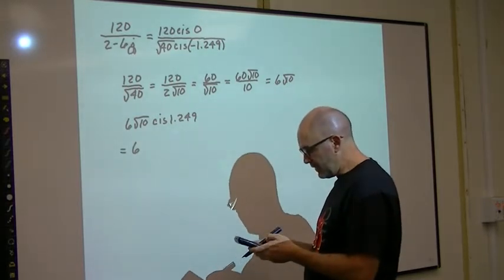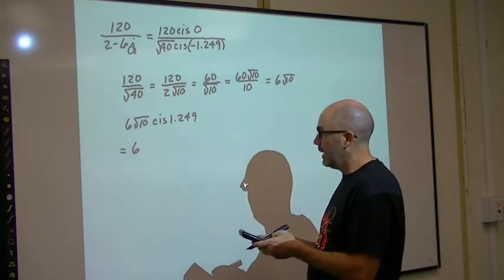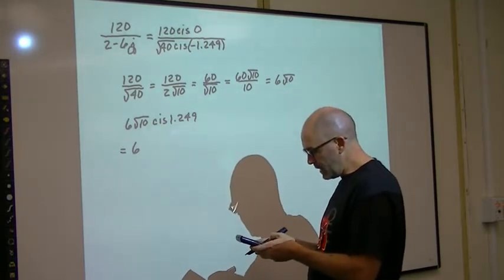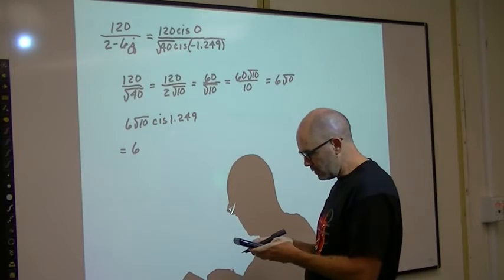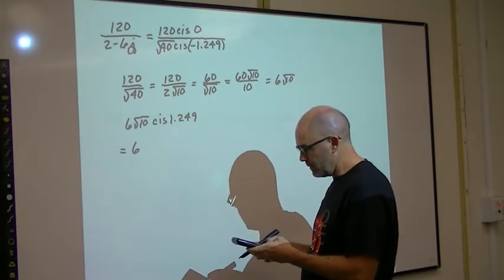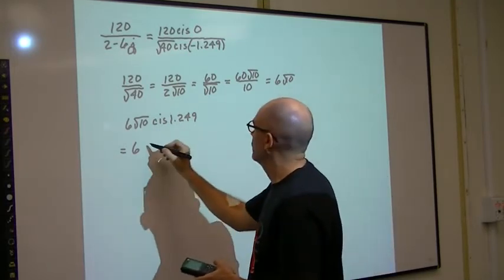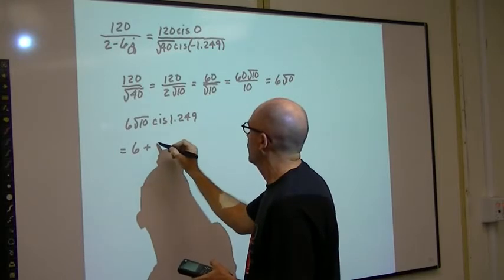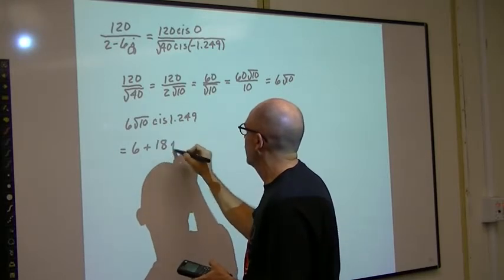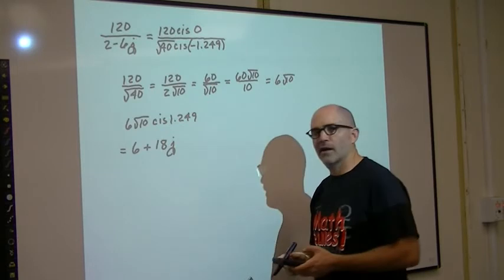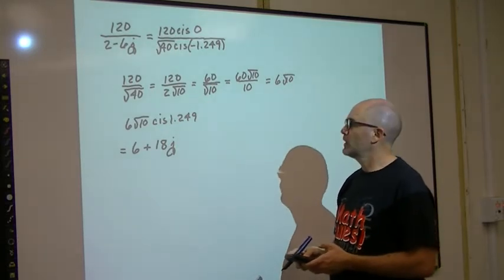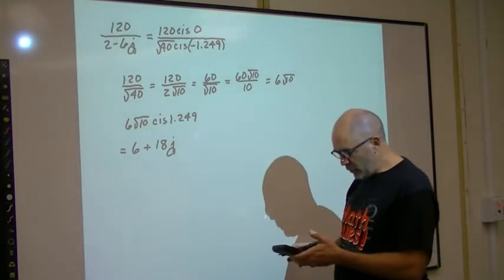Then I take the sine of the angle and multiply that by 6 square root of 10, and I get 18. There. That's much nicer.